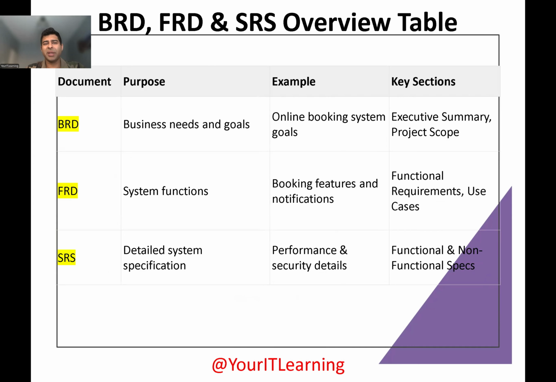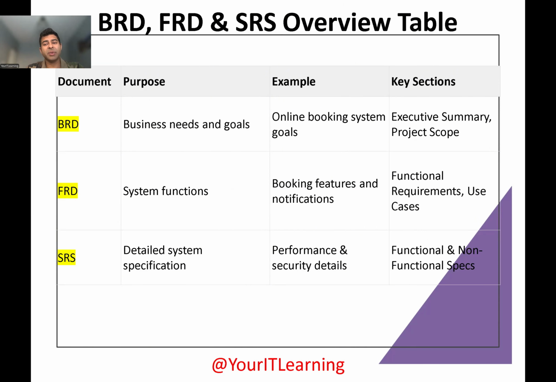Now let's discuss BRD, FRD, and SRS in a table, and I am going to distinguish how they are different from each other. BRD: what is the purpose of the BRD? Business needs and goals. And what is the example? Online booking system goals. Key sections: executive summary and project scope. How is FRD different from BRD? It will define the system functions, booking features, and notifications.